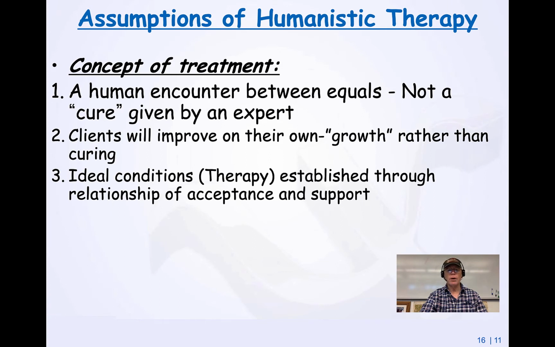So we're talking about how humanistic therapy actually treats the therapist and the patient as equals. It's more about the environment. Clients will naturally improve on their own because that's what we do.